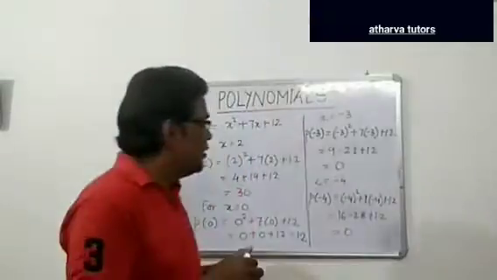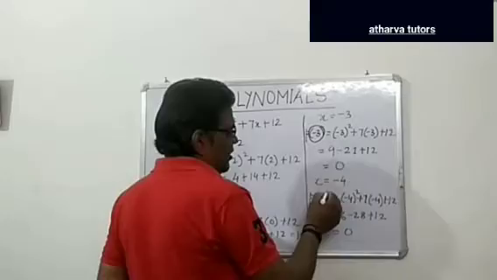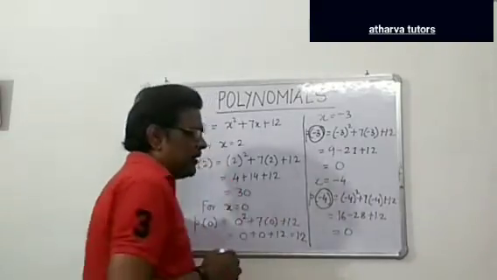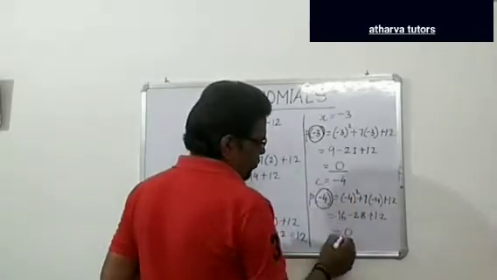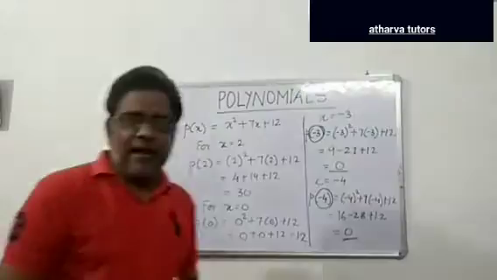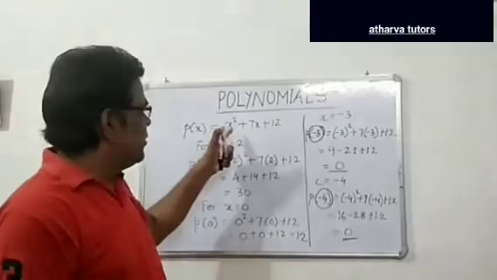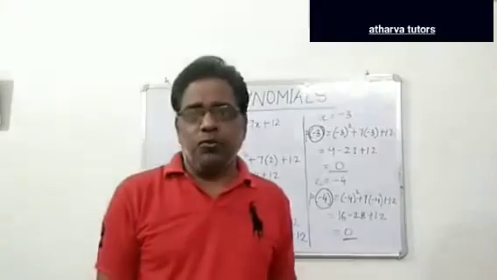Like here, if you have x equals minus 3 or x equals minus 4, the value of p(minus 3) or p(minus 4) is coming out to be 0. So you will say that for this polynomial, the zeros are minus 3 and minus 4.